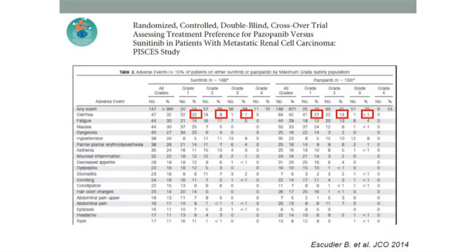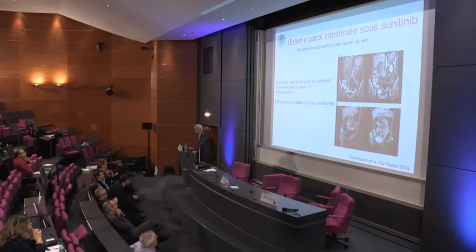Let's look at some imaging. There's a team that looked at CT scans of more than 100 patients on sunitinib, and you can see here clearly that 62% developed an edema.